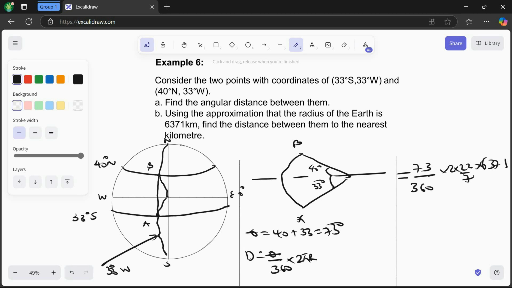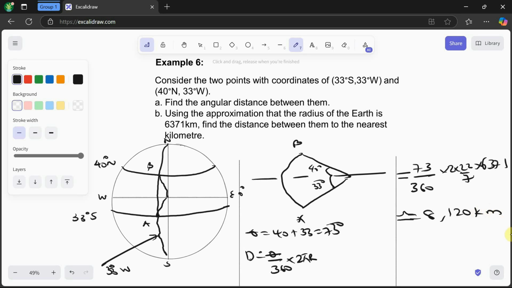That is 73 times 2 times 22 times 6371 divided by 360 divided by 7. And that gave me 8,120.49 something. Let me just approximate: 8,120 kilometers.